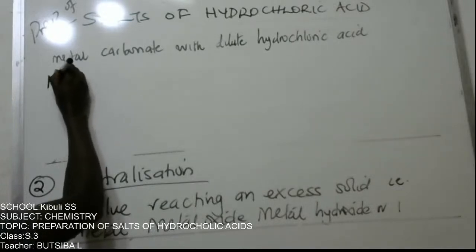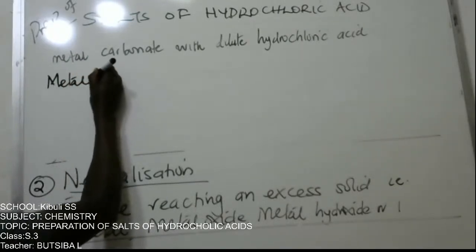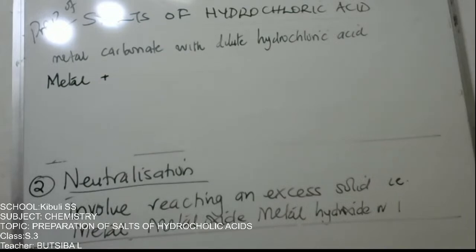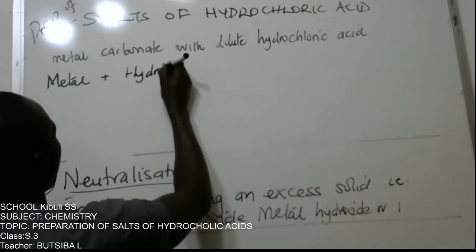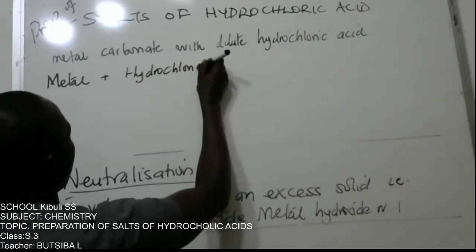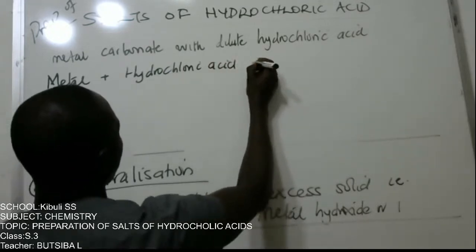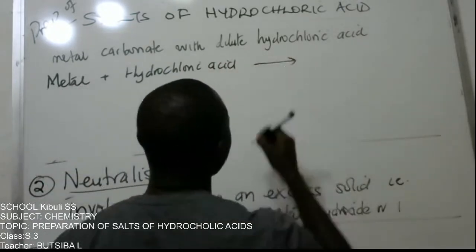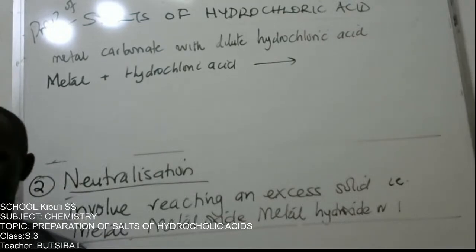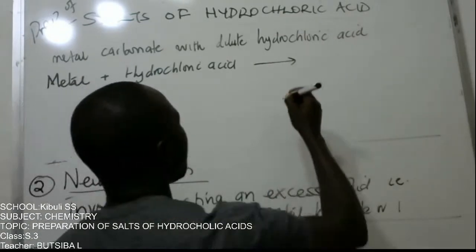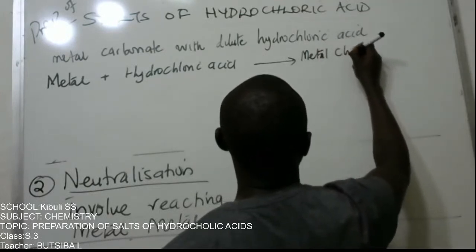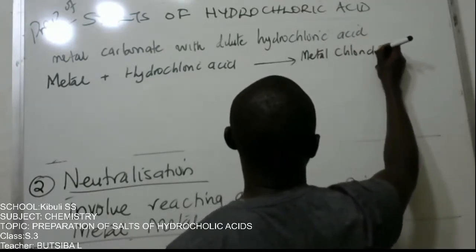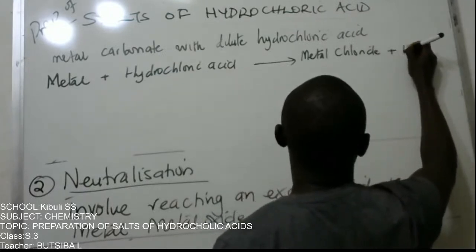Alright, so we have a metal plus, which acid are we using specifically? Hydrochloric acid. So what do we get? Do you remember what we obtained? We obtained a metal chloride plus hydrogen.